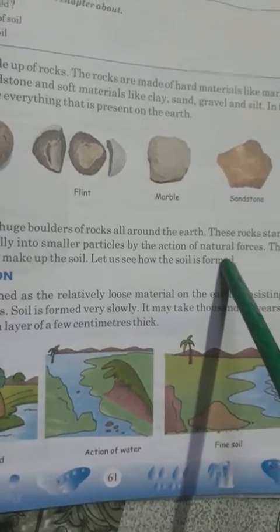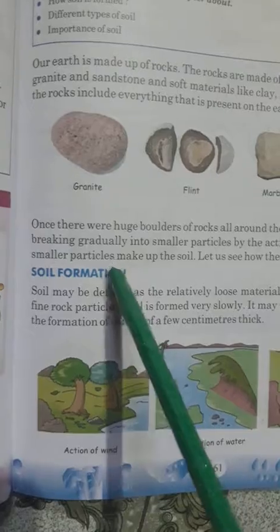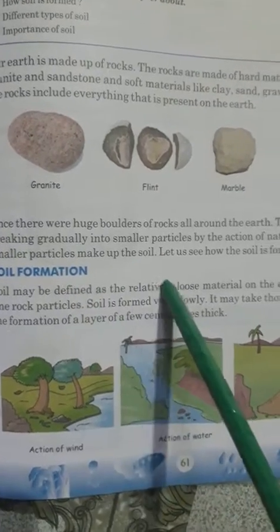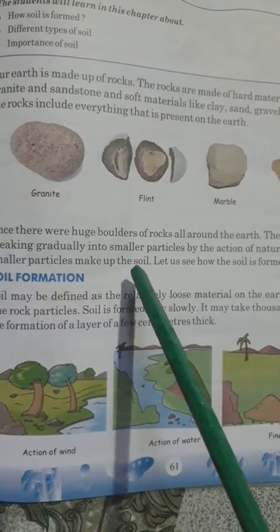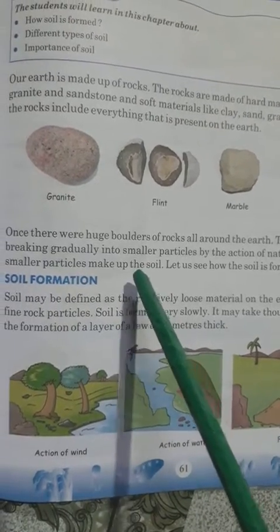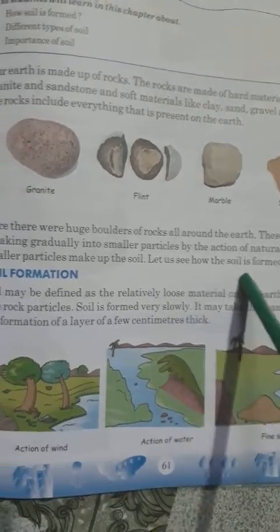So this is how it turned into smaller particles, and these smaller particles make up the soil. So after the huge rocks break down, they turn into pieces, and those small pieces turn into soil. Okay, so let us see how the soil is formed.